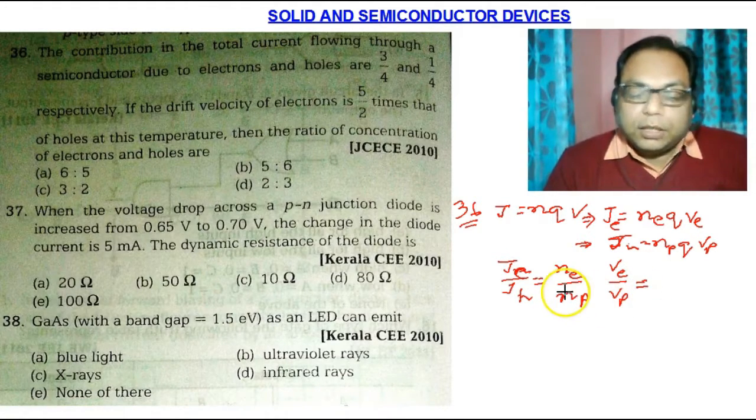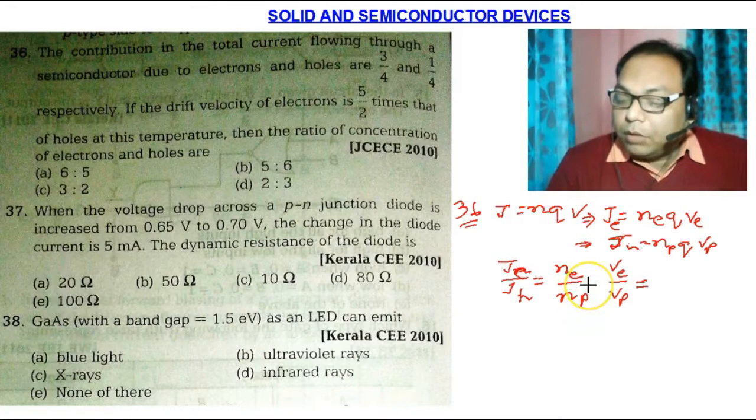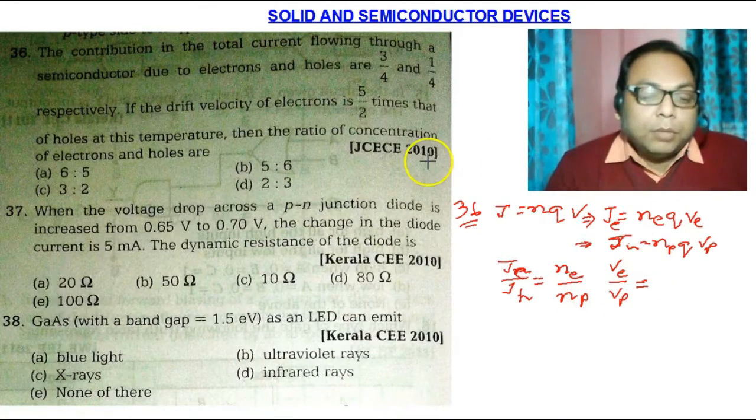Now see the data. What we have to calculate is N_e by N_p, the ratio of concentration.